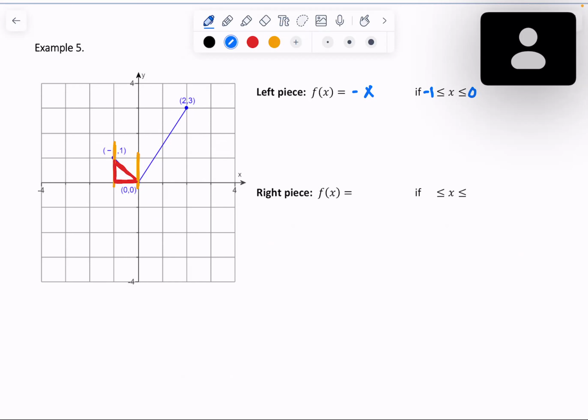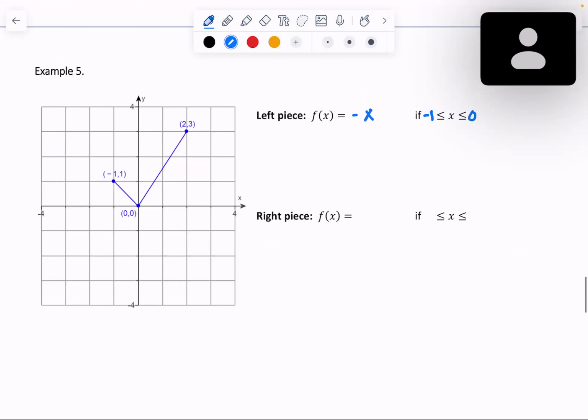Did everyone see how I did that? Yeah, so that one's not too bad. The next piece isn't too difficult. So let's look at this next piece. This next piece uses values of x that are from here to here, right?